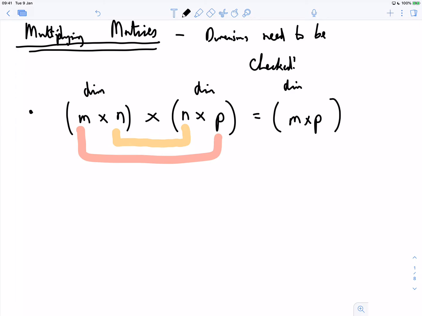In actual fact, what we say is they're not commutative. Matrix multiplication is not commutative. Okay, that's a really important key fact to get down. So what do I mean by commutative?